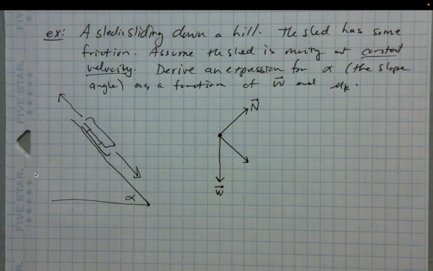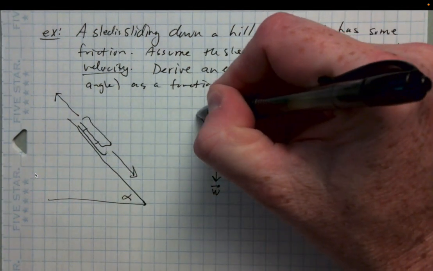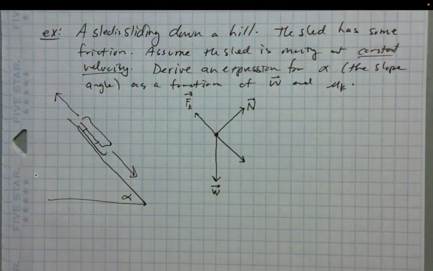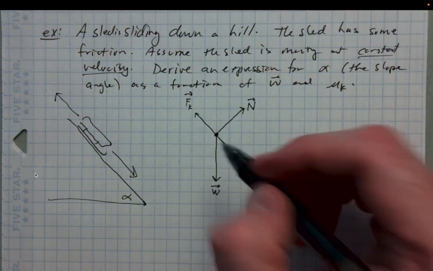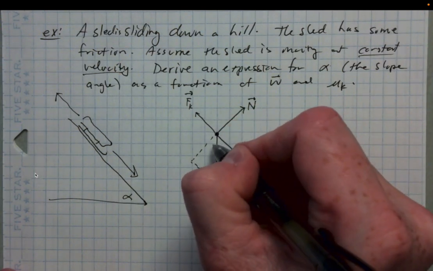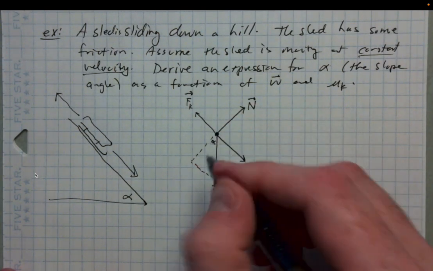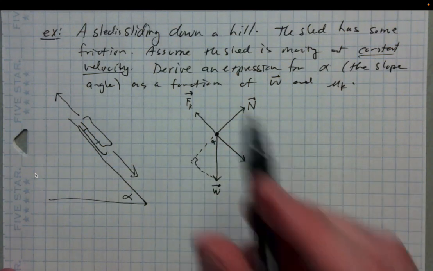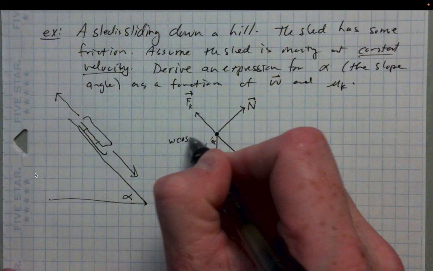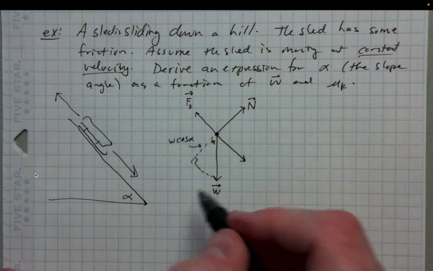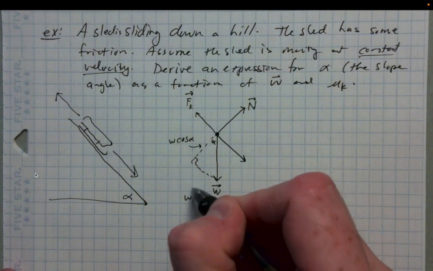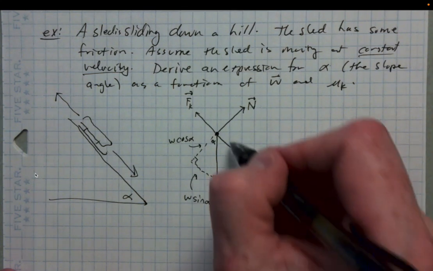Remember, that's how that works. And then I've got some friction forces. In this case, it's kinetic friction. Now, what's really happening here is that I've got a triangle scenario. This is our alpha right here, and this is a right angle. And so this would be whatever the weight is times cosine of alpha. That's this leg. And this would be W sine of alpha. That's this leg.